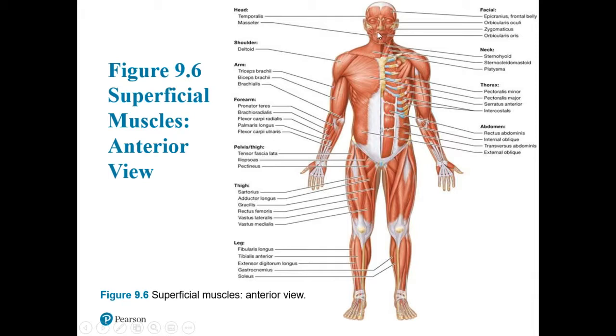So the orbicularis oris is under the influence of all of the superficial and deep muscles of the face, okay, all of them. Their contraction pulls on the orbicularis oris so that you can achieve all of your facial expressions.